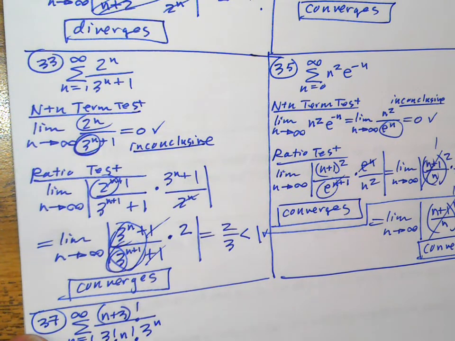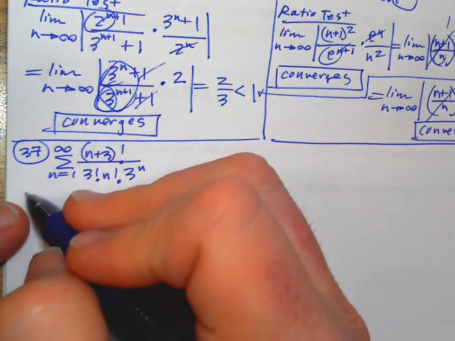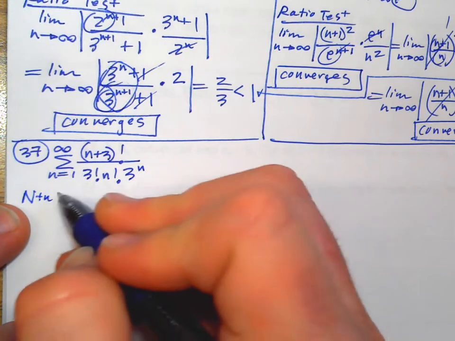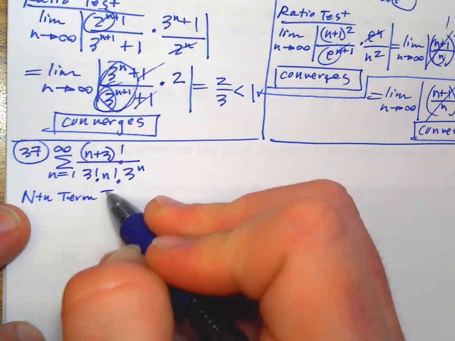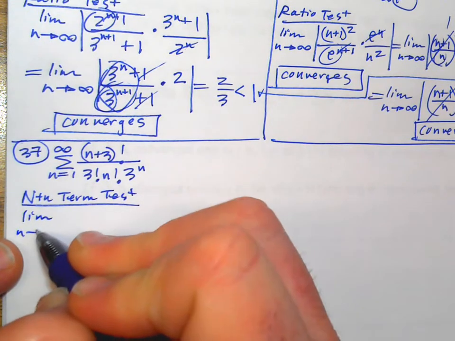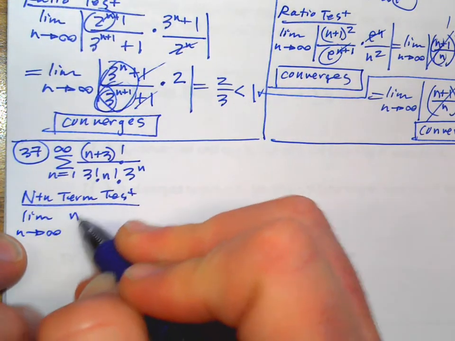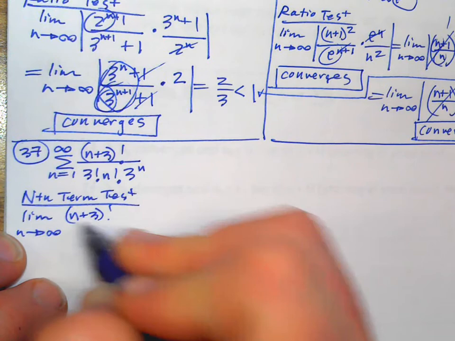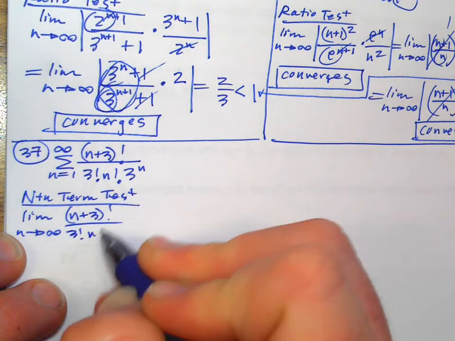You can do it. All right, so nth term test. Limit as n goes to infinity of n plus 3 factorial over 3 factorial, n factorial, 3 to the n.